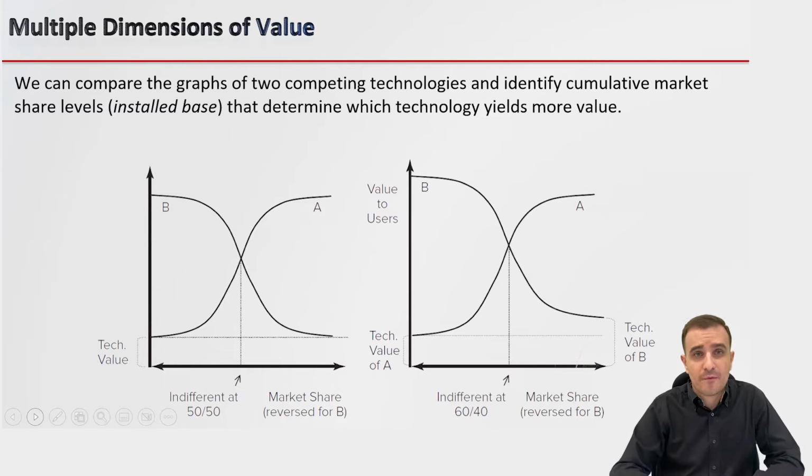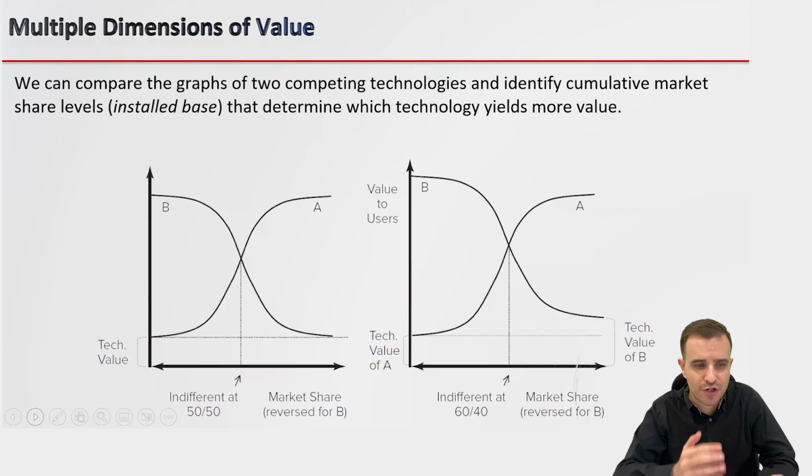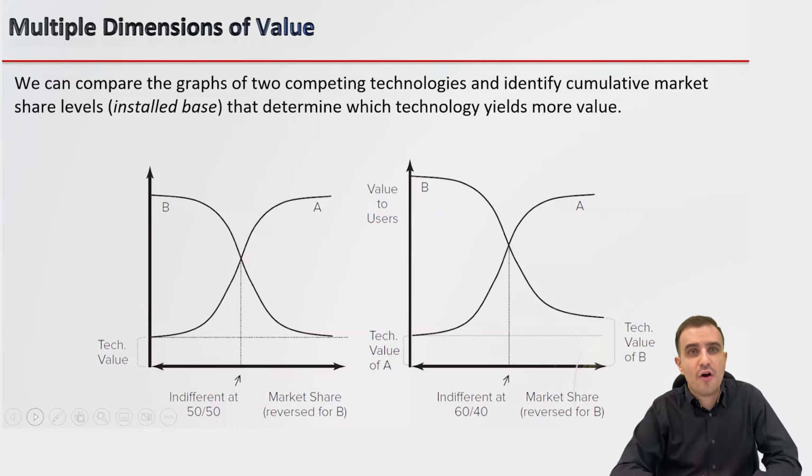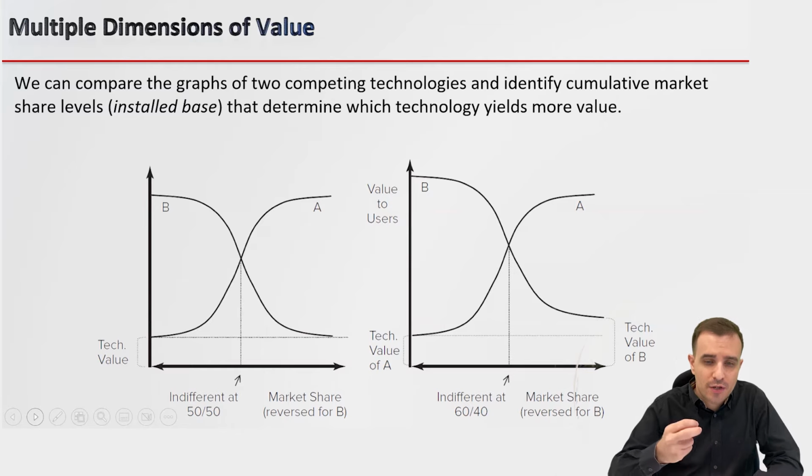Generally, the assumption is that the greater the market share, the greater the value. So we can see here some examples of this. We have two technologies in the graph on the left-hand side, technology B and technology A. What do we learn from this graph?